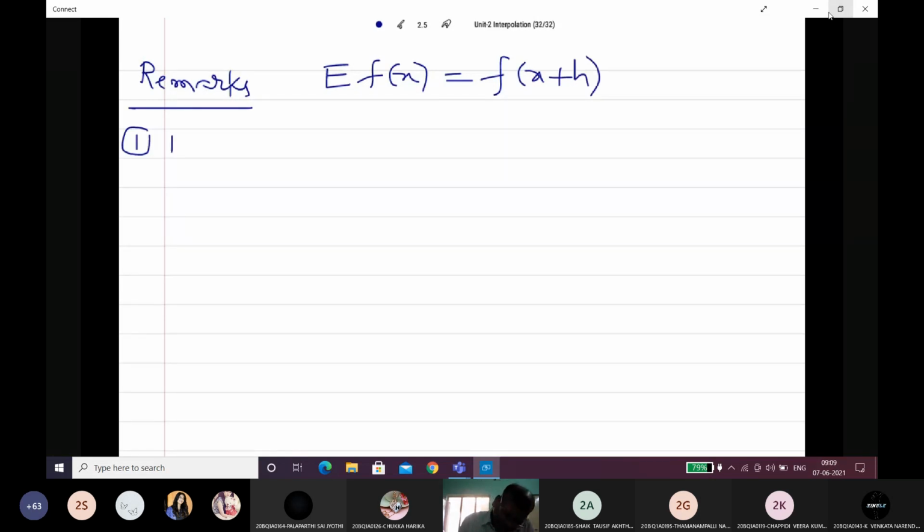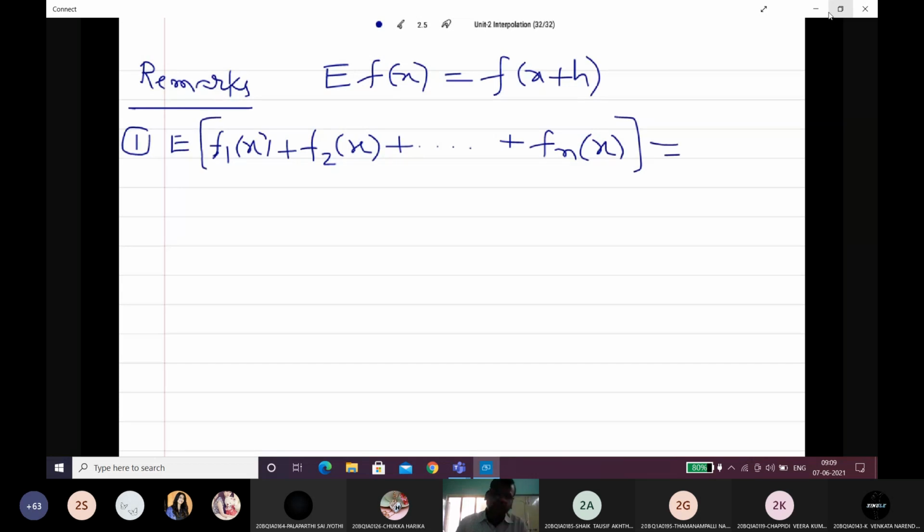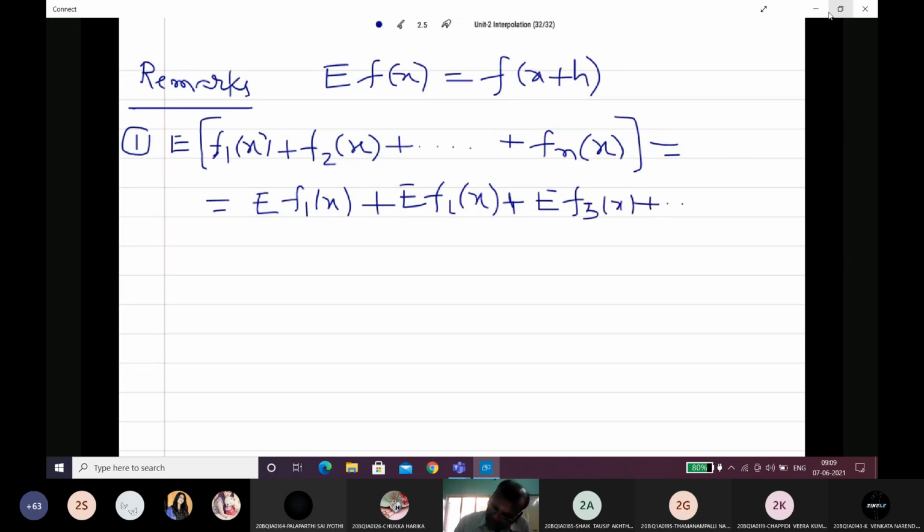Now E of f1 of x plus f2 of x plus etc. plus fn of x is the shift operator of a sum of functions, which can be written as individual sums: E of f1 of x plus E of f2 of x plus E of f3 of x plus E of fn of x. That is the first remark.